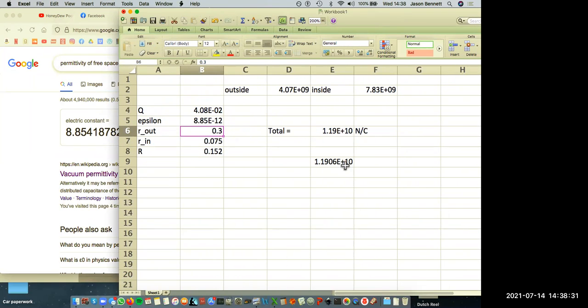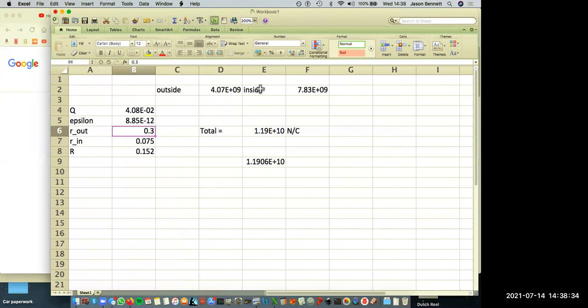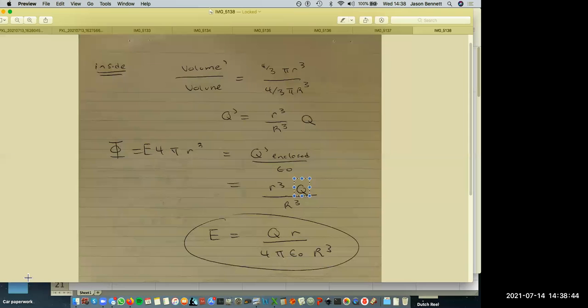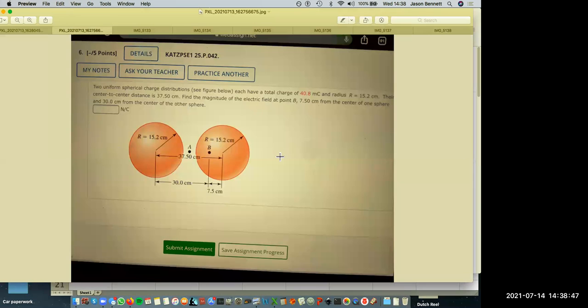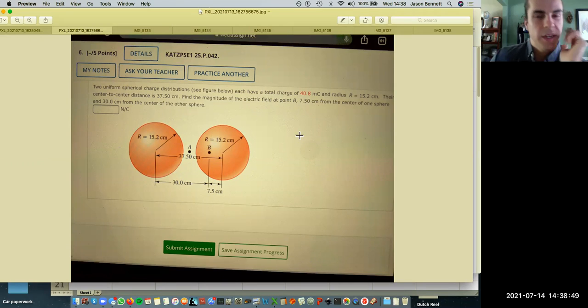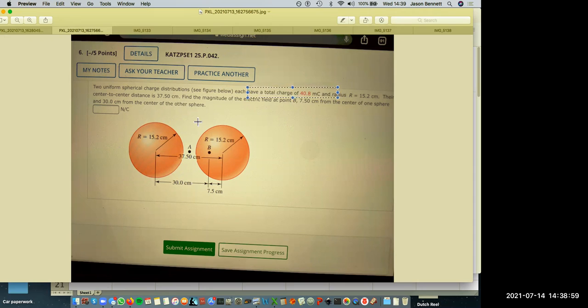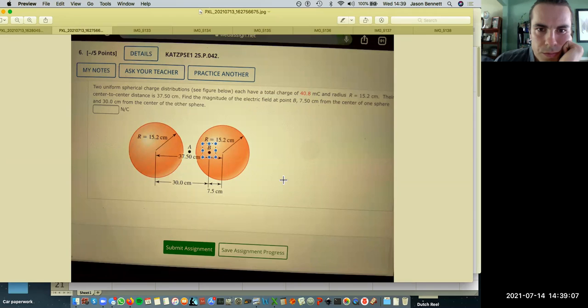Maybe we have to subtract the electric field of the second charge from the electric field of the first charge. The reason I didn't think so was because they both have the same charge. Yeah, but maybe it's because B is inside that second charge. It's located inside.